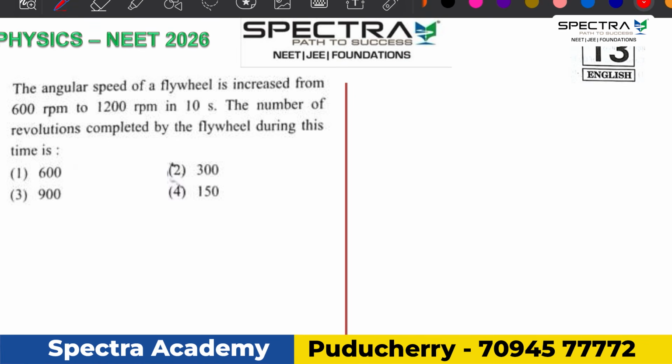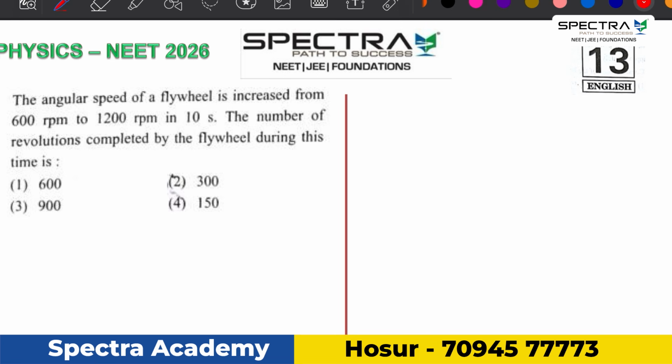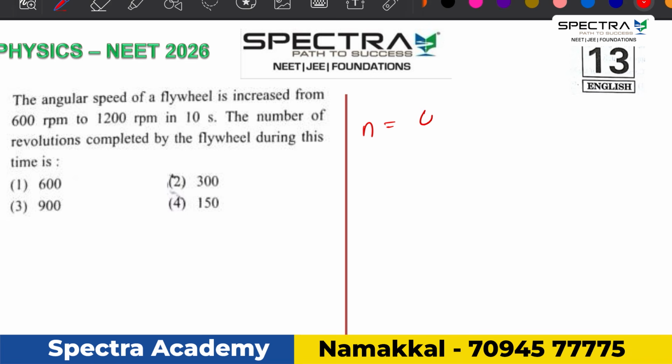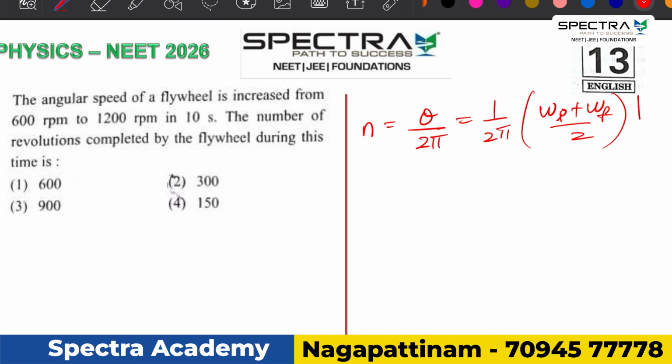Third question. The angular speed of a flywheel is increased from 600 rpm to 1200 rpm in 10 seconds. The number of revolutions completed by the flywheel during this time is. So it's a direct question. Number of rotations is equal to theta, the angular displacement, divided by 2 pi. So 1 by 2 pi into theta, where theta is omega initial plus omega final divided by 2 into t.